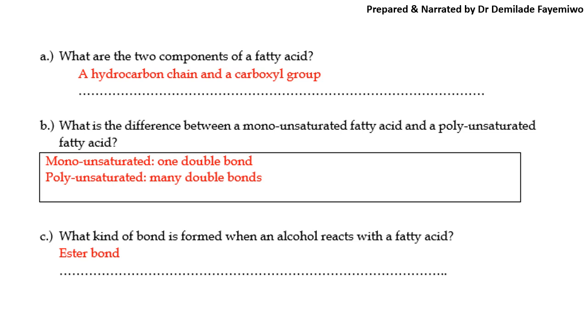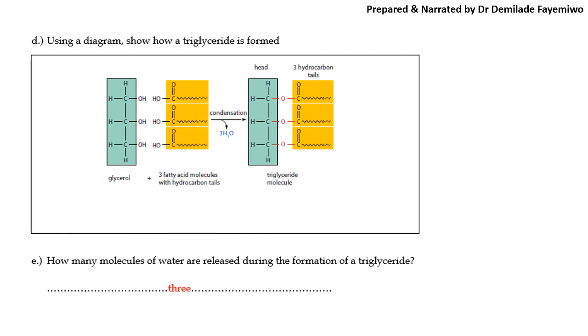Like carbohydrates, whenever you put lipids together, or whenever they react with alcohol, for example, what you will form is an ester bond, okay? And here I ask you to show how a triglyceride is formed. I admit I've become a bit lazy, so I took this directly from the Cambridge textbook that I've been telling you all I use. But I understand that it's important for you to be able to know how to draw this.